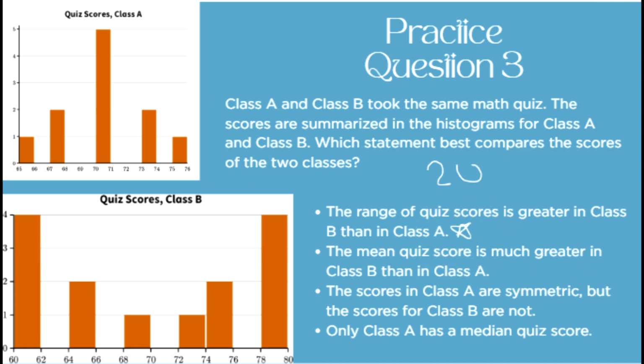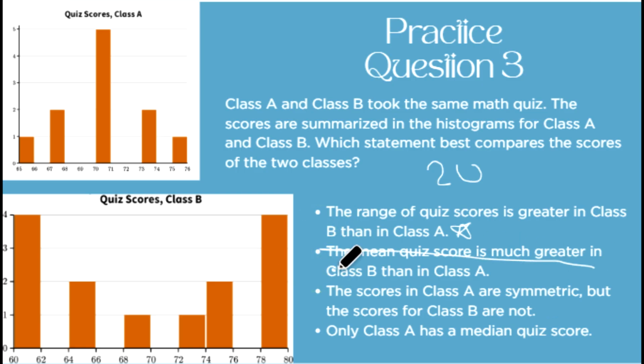Let's continue. The mean quiz score is much greater in Class B than Class A. So the mean is the balancing point, which is right here between 68 and 70. And for Class A, it's between 70 and 71. So Class B was not higher.